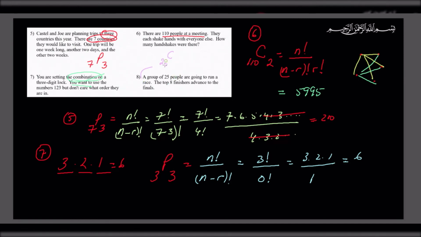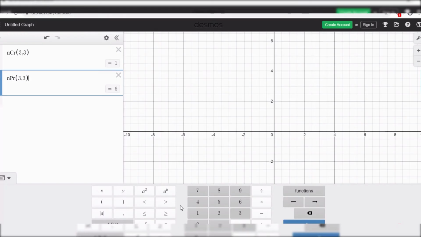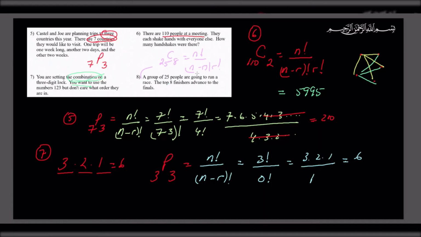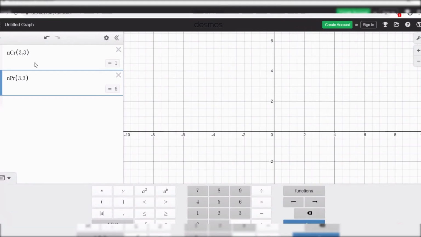Combination is 25 choose 8. Again, this will be n factorial over n minus r factorial times r factorial. And let's do 25 choose 8. We'll do this on the calculator over here. Alright, so let's see what this ends up being.